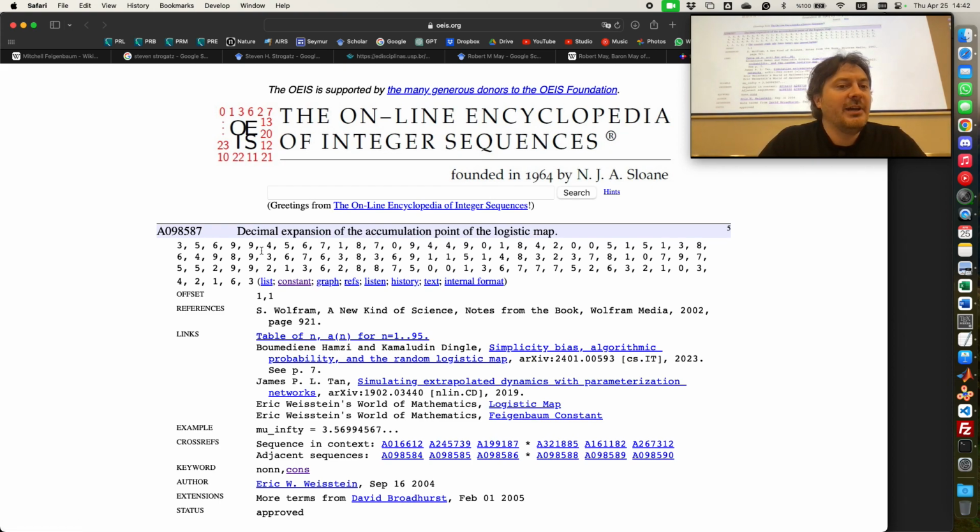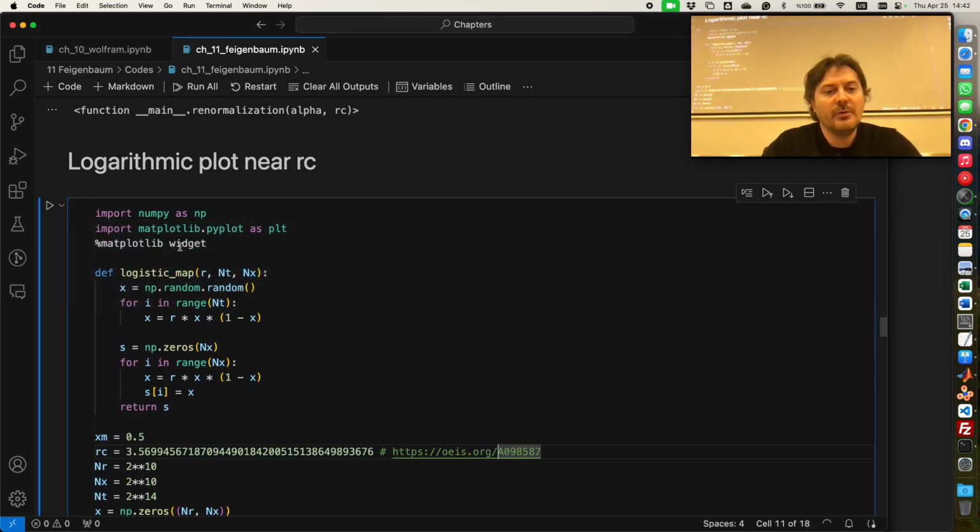So you can find pi here or other stuff like that, but this is a sequence: 3.5699456718 etc. What is this? This is the point where all those bifurcations approach, you know, period double, double again, double again, until you hit exactly this point where you exactly start the chaos.